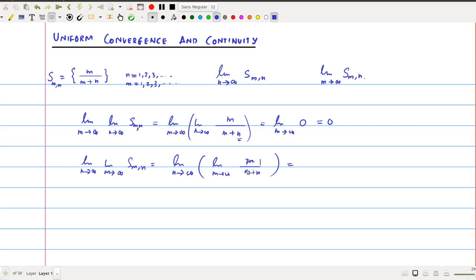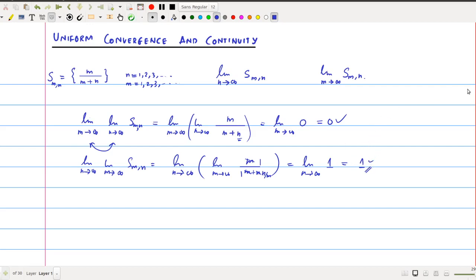Then this will be 1, and this will be n by m, which tends to 0, so the expression tends to 1. So the limit as n tends to infinity of 1 will be 1. That means if we interchange these two limits, we get two different answers: one is 0 and the other is 1.